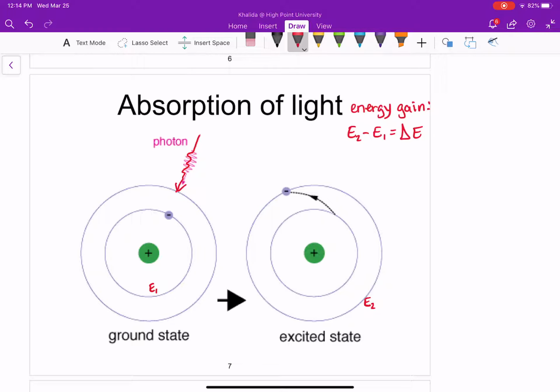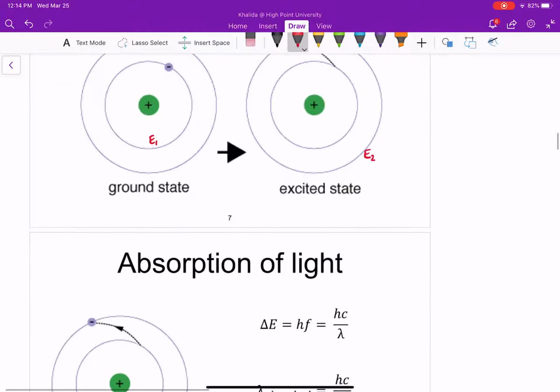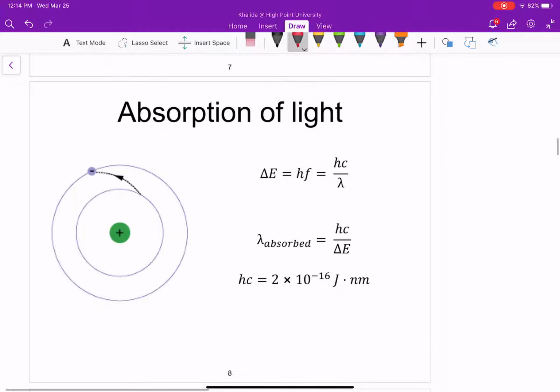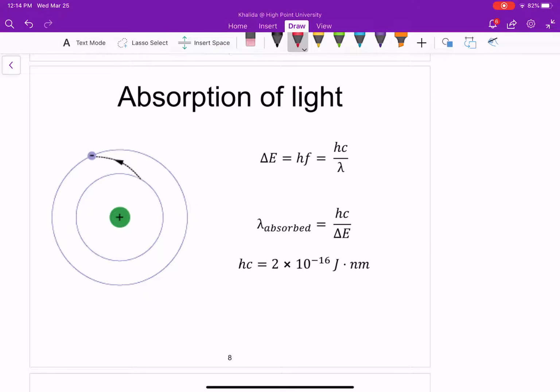Now we said in the last lecture that light can be either a wave or it can act as a particle, which is a photon. So when light travels through space, it acts as a wave, but when it interacts with the electron, it acts as a particle. Now remember the gamma symbol here, it's a Greek gamma, and that is the symbol for a photon.